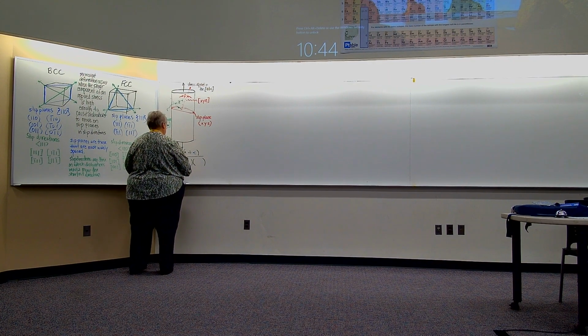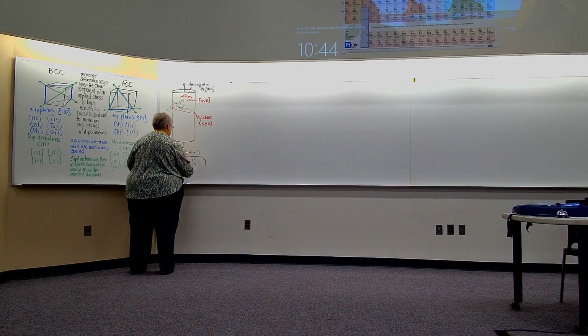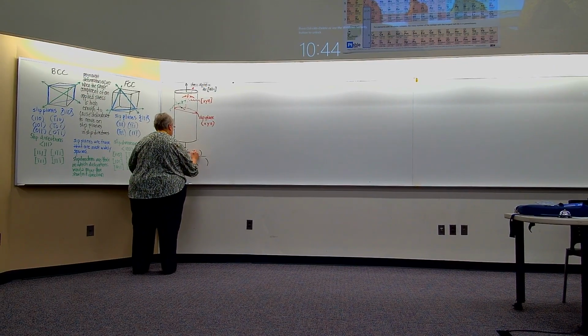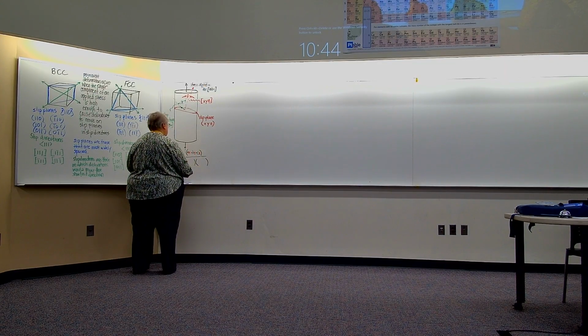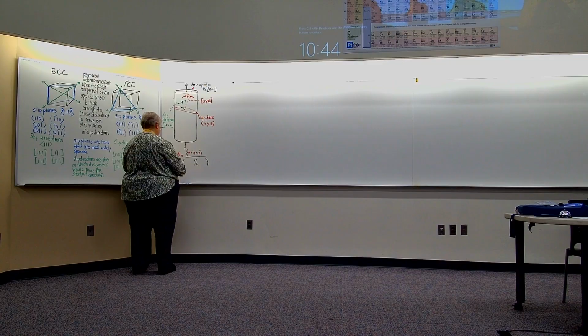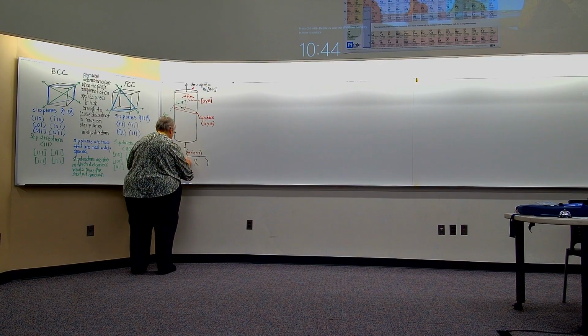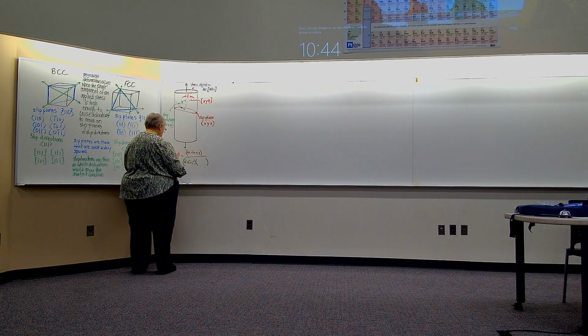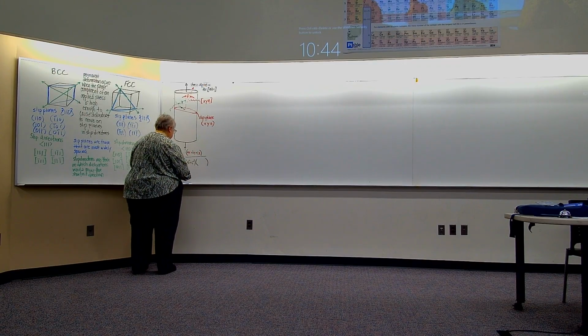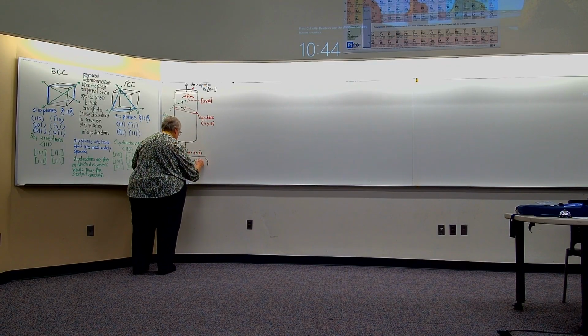A times x, b times y, plus c times z, divided by a squared plus b squared plus c squared times x squared plus y squared plus z squared.